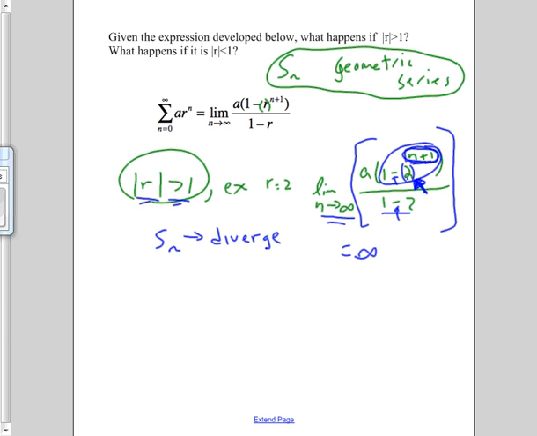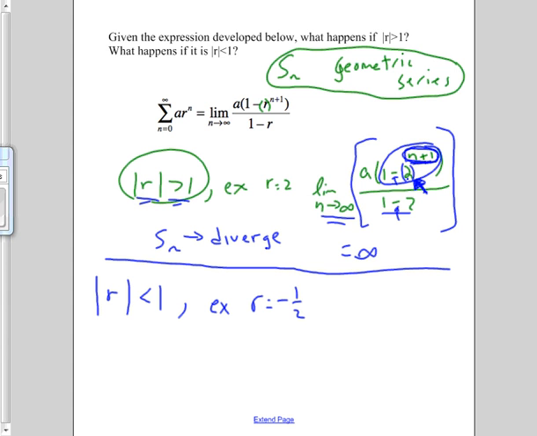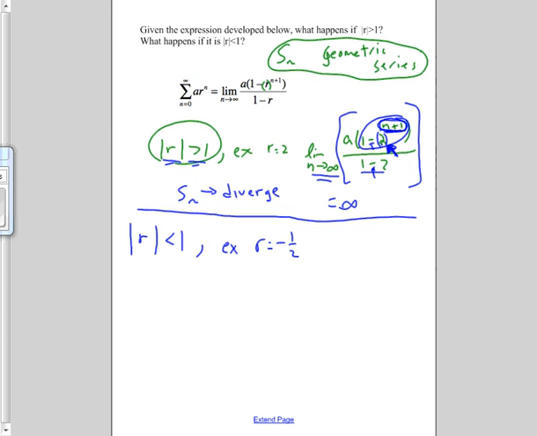Well, what if the absolute value of r is less than 1? And just for an example, let's use r equals negative 1/2. So I'm choosing a negative value, and the absolute value of that is less than 1. So the infinite sum, the sum from n equals 0 to infinity of a times, well, r is negative 1/2 to the n.